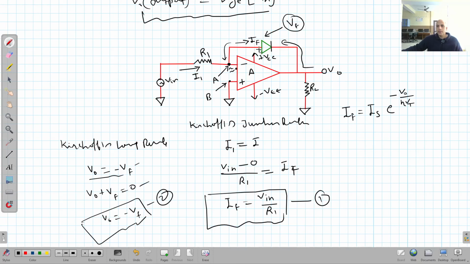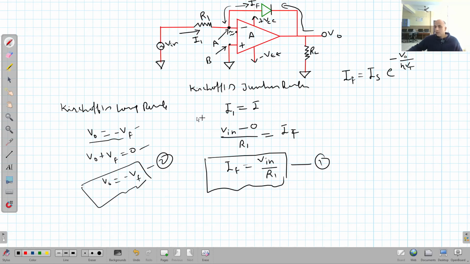Because output voltage is here. So this is the equation of the forward current of the PN junction diode.